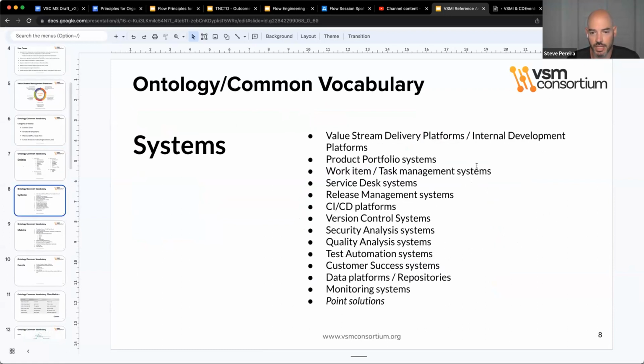Then systems being primarily the stores of data, and in many cases generating that data.